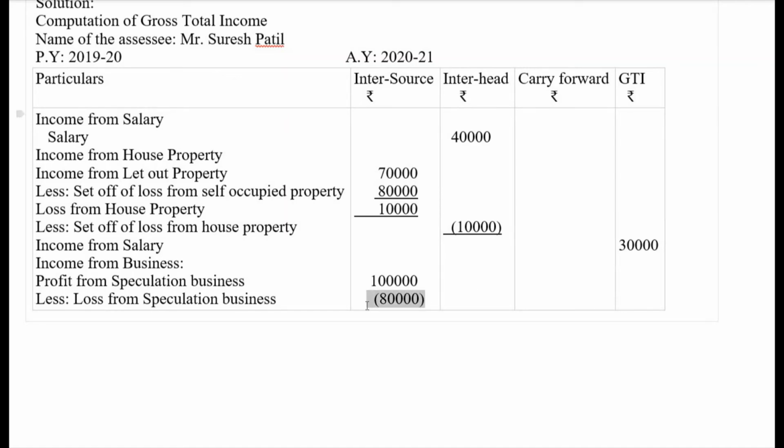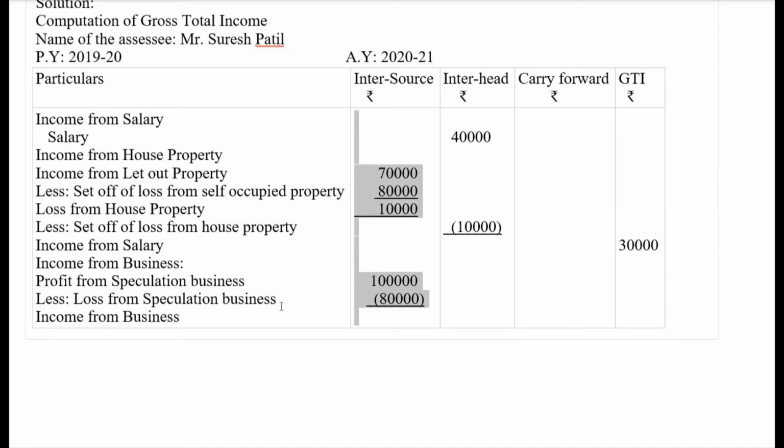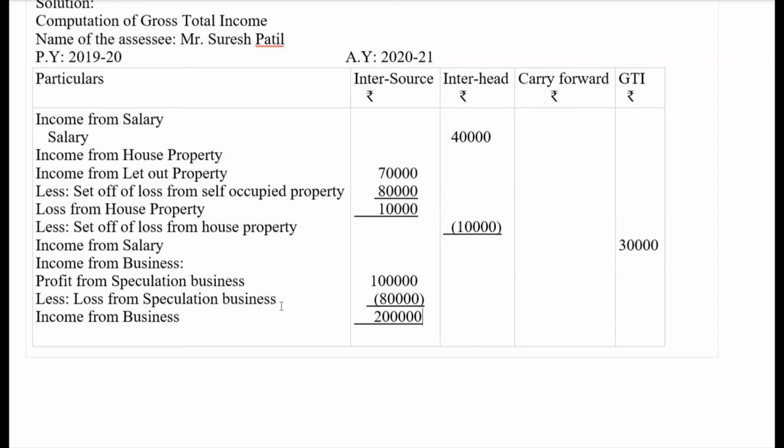Let us underline this. The difference is nothing but income from business, that is 20,000. This will be taken to the GTI column.